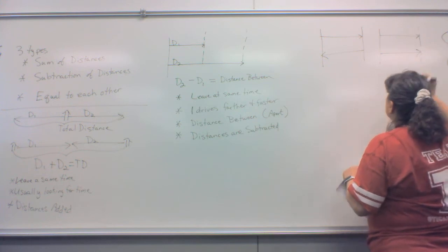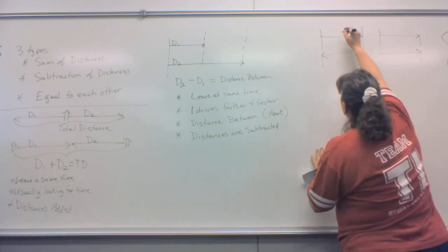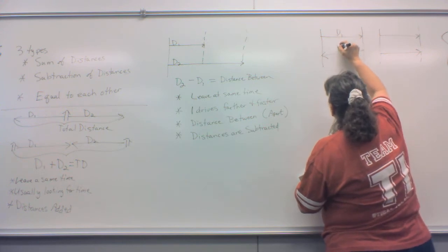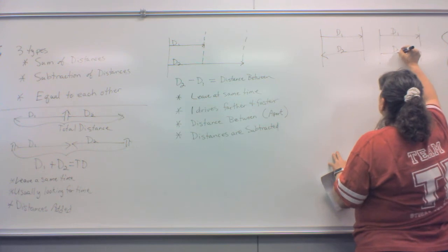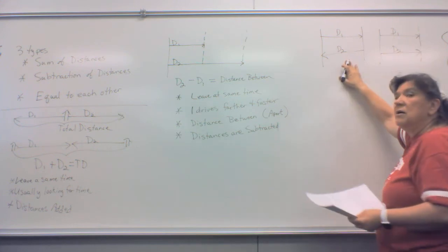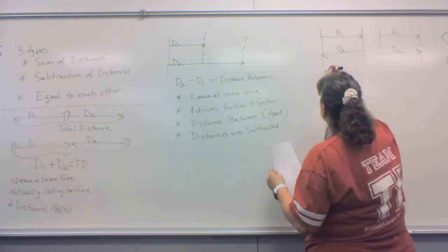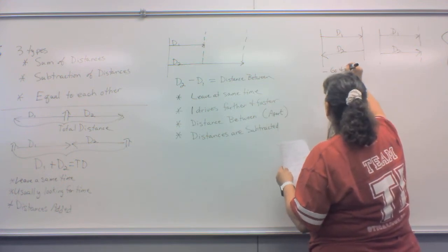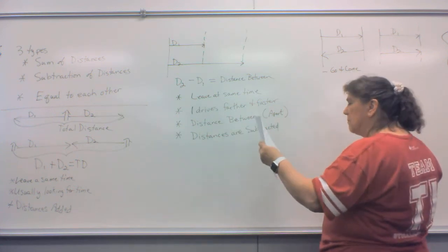So in both cases, those two distances are equal to each other. So you have distance 1 and distance 2, distance 1 and distance 2. This is a go-come situation. In your go-come, your distinctives are go and come. In other words, go to my mother's house, come back from my mother's house.